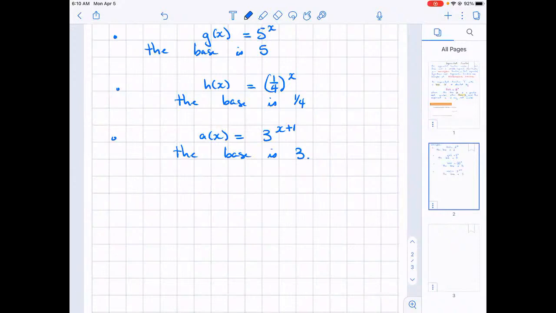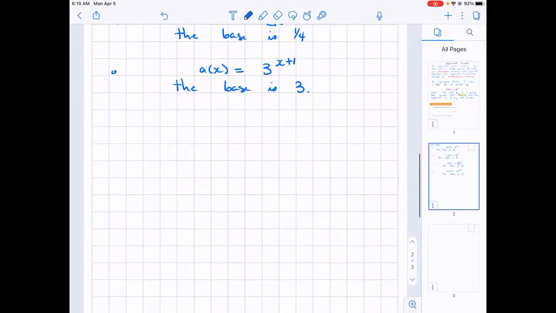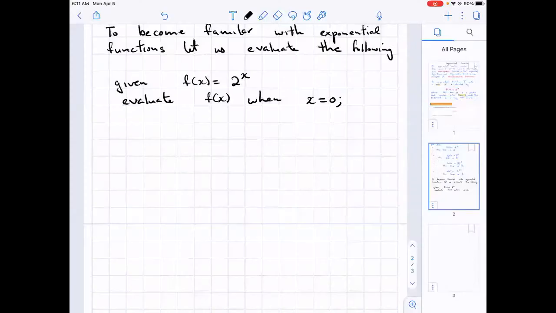Now, to become familiar with exponential functions, let's look at an example where we can evaluate it. If we have f of x equals 2 to the power of x, which is exponential, we're going to evaluate when x is equal to 0, when x is equal to 1, when x is equal to 2, and x is equal to -3.